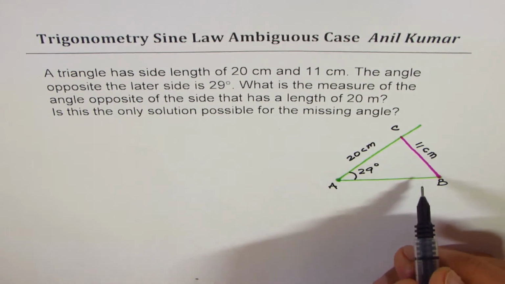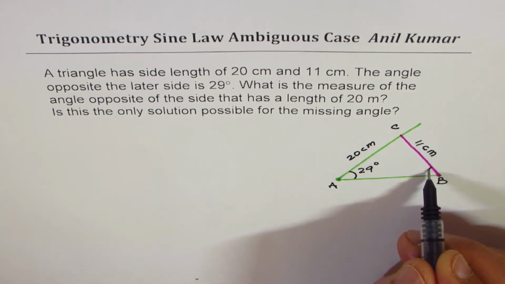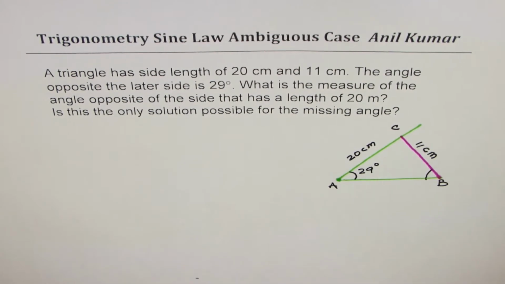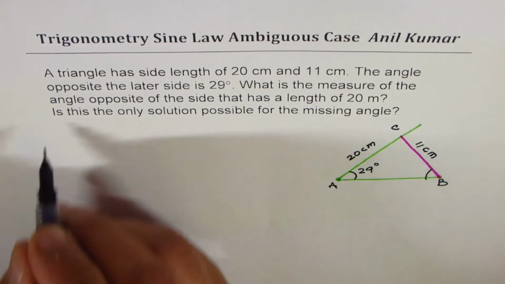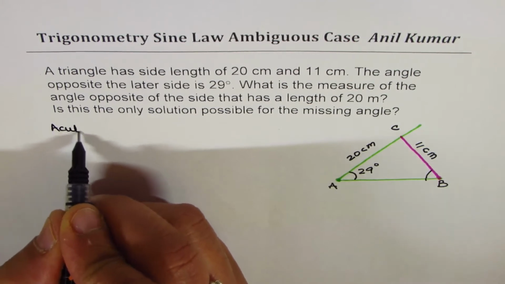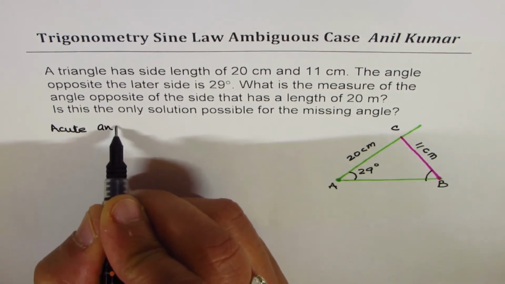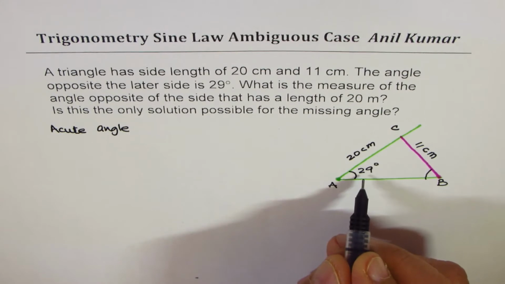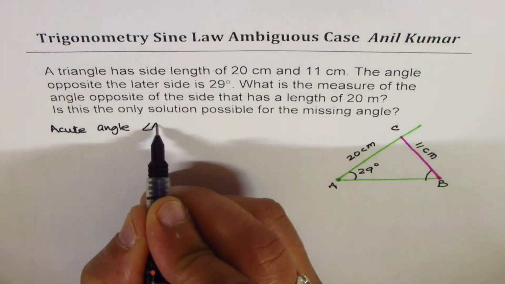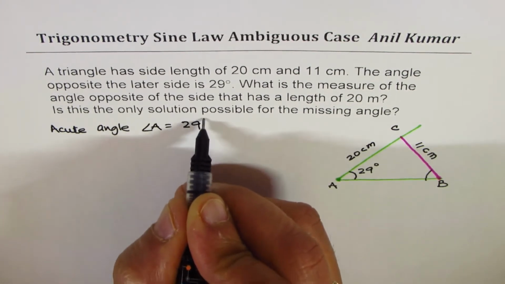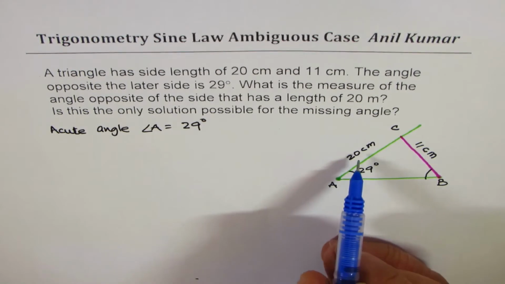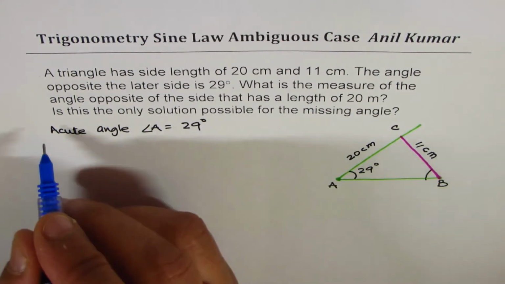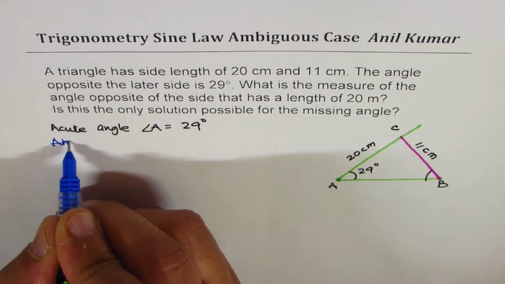We need to find the other angle, which is angle B. Now you can see that we are given an acute angle, angle A equals 29 degrees. Since we are given these two sides and an acute angle, let's check for the ambiguous case.